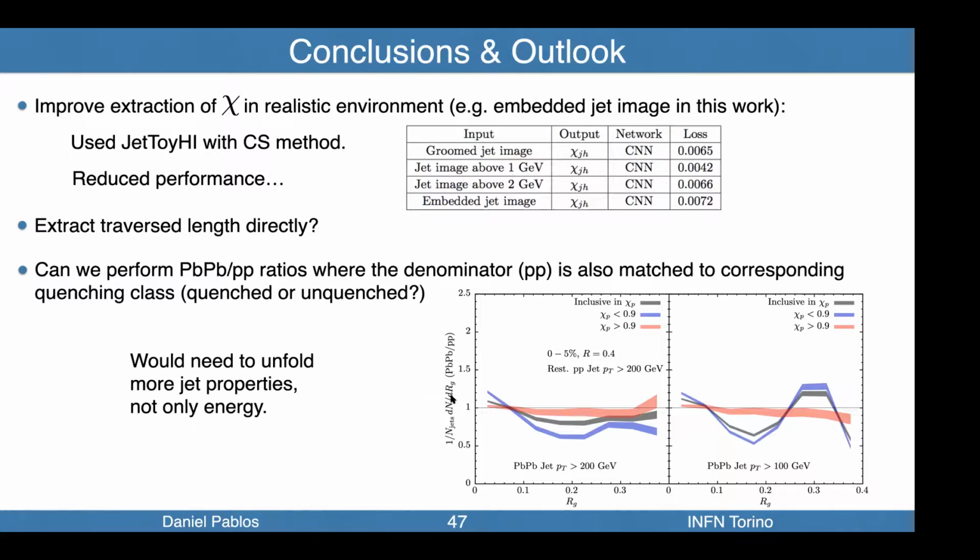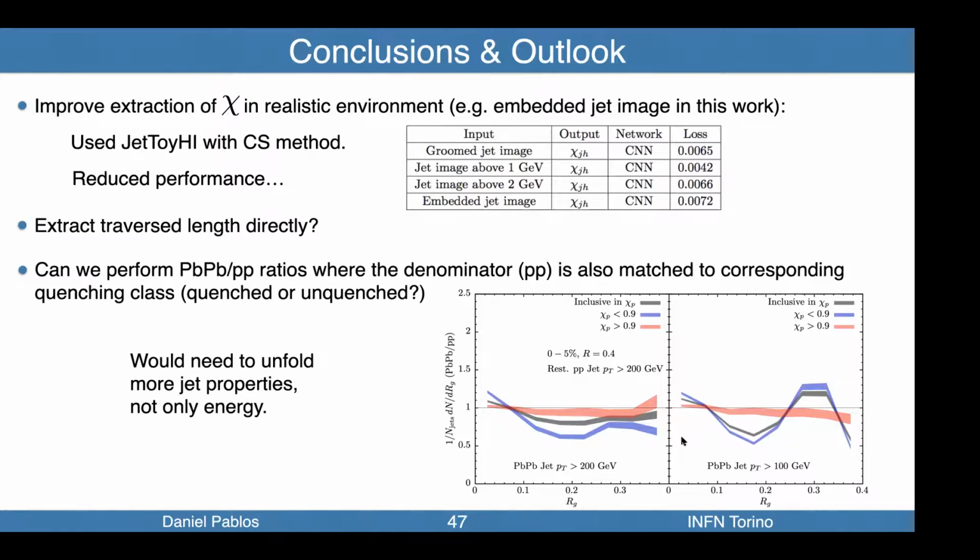This means that if you want to see jets that are not modified, if you want to see a nuclear modification of 1, because they are jets that traverse very little length, for instance, then you should divide by a sample of PP jets that would actually lead to those kinds of jets.